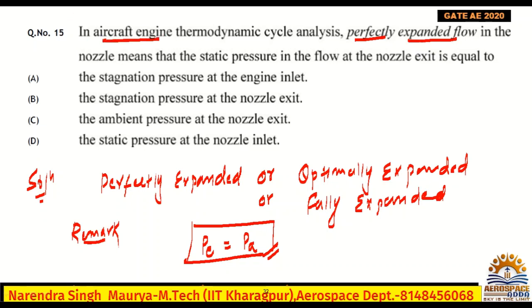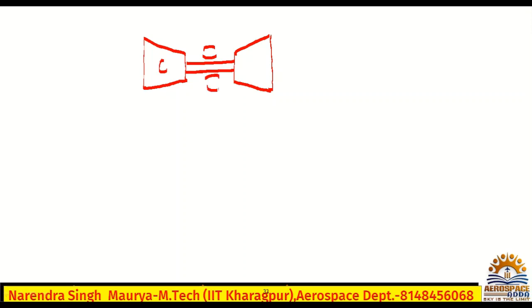Now I will show you the symbolic diagram of an aircraft engine, so it will be more clear. This is the compressor, the combustion chamber, and this is the turbine. This is the symbolic diagram only. This is the cowling part.